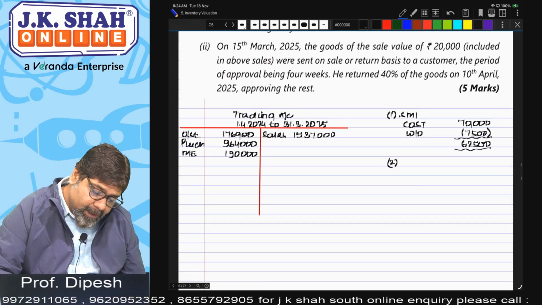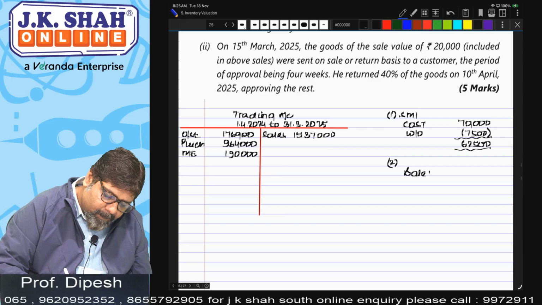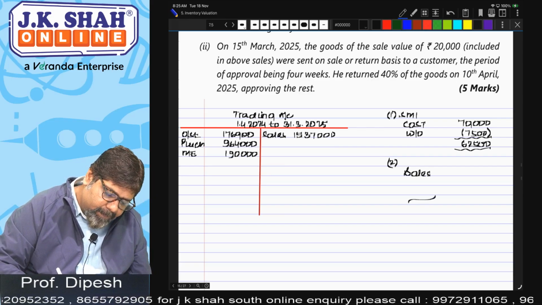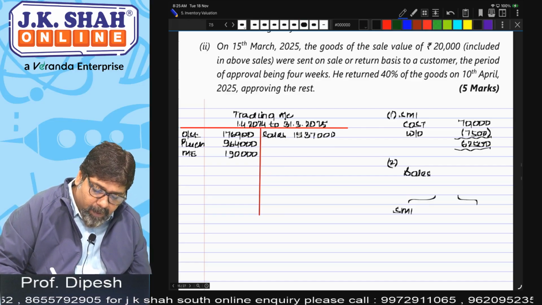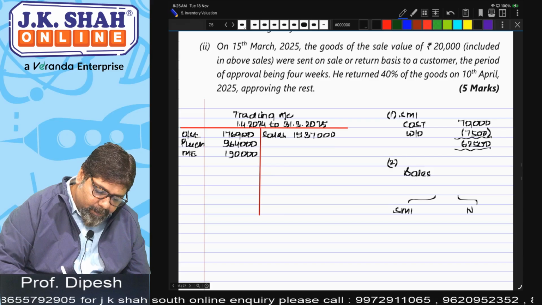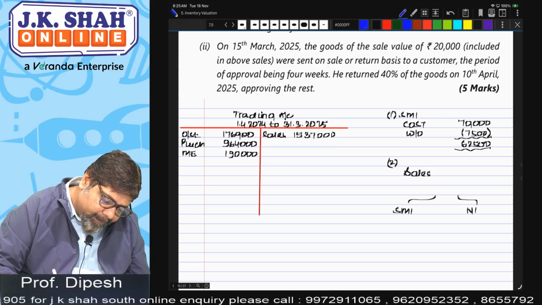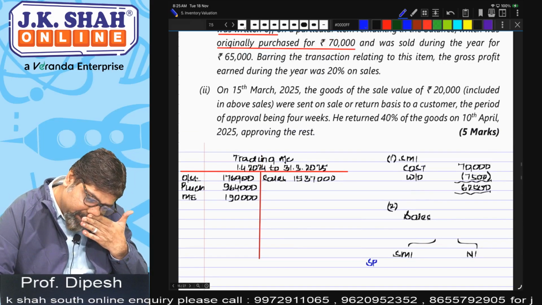Okay. So what was the sales? I will divide sales into 2 parts: slow moving item and normal item. The selling price of the slow moving item is how much?